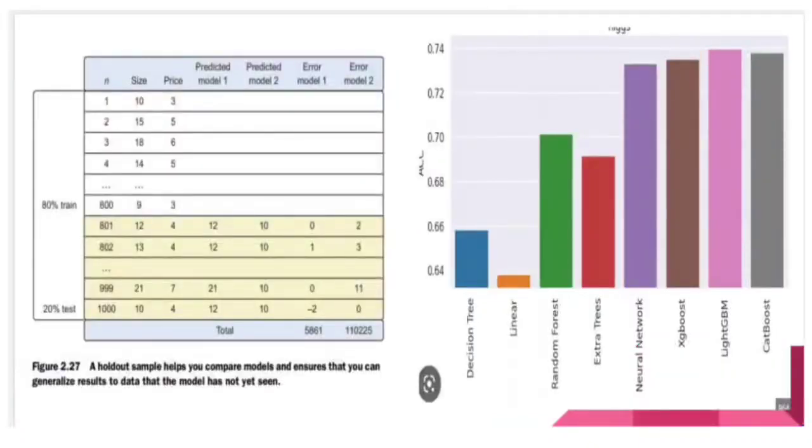So the next figure shows that a holdout sample helps to compare the models and helps to generalize results to data that the model has not yet seen. So multiple error measures are available, and the above figure shows the general idea of comparing the models. The error measure used in the example is the mean square.